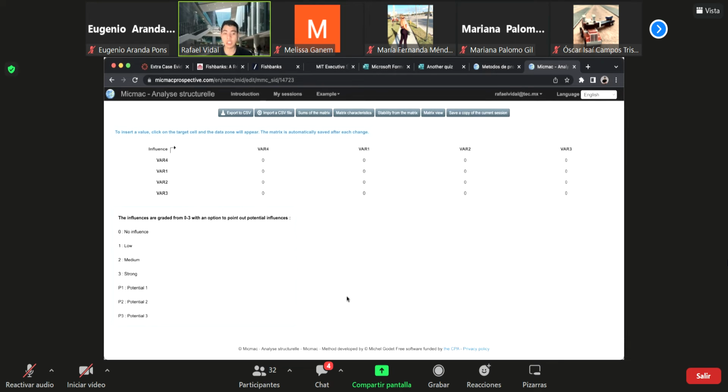No, potential means I don't know if there's any influence, but I guess there might be some. So if you don't know how potential that variable is influencing another variable, just use P1. I suggest you use just P1, 1 degree of uncertainty.